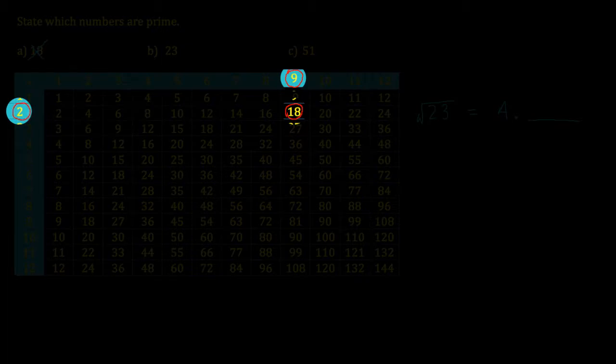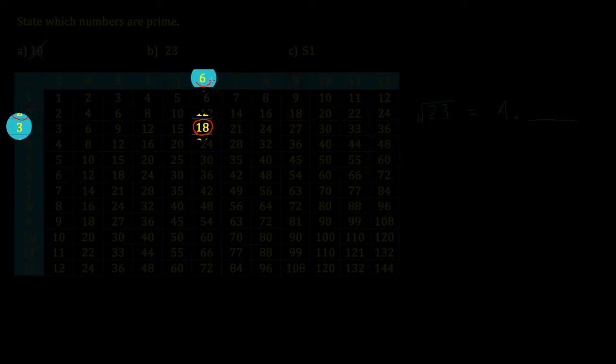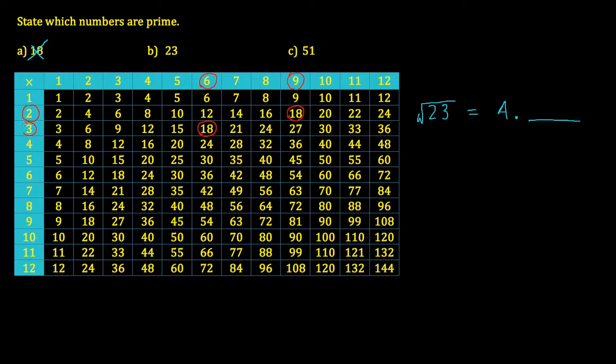Similarly, 18 appears again here, and it is 6 times 3. So we look at it this way. We say 18 has factors that are 1, 2, 3, 6, 9, and 18.